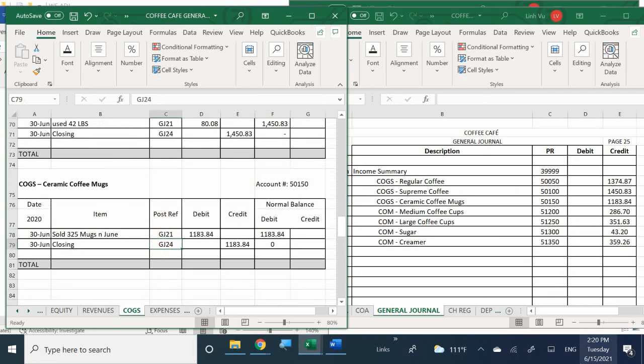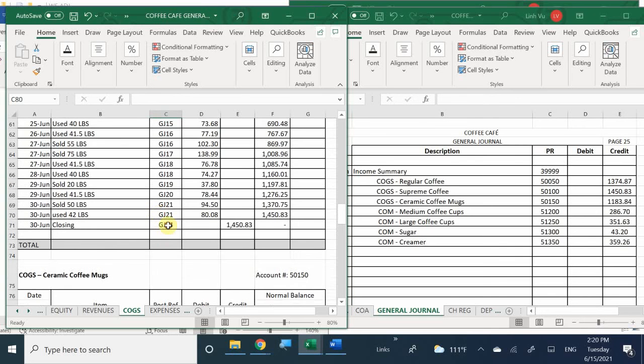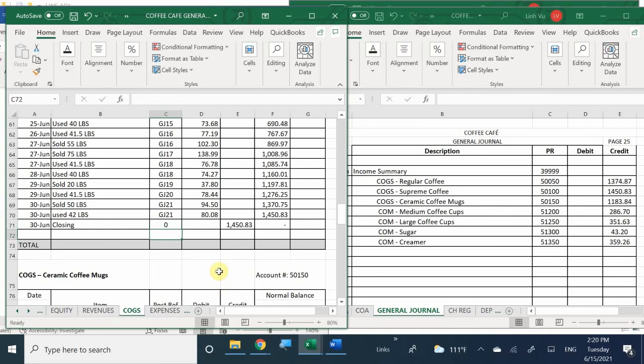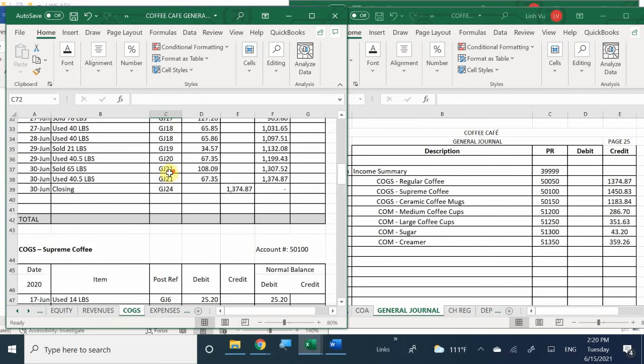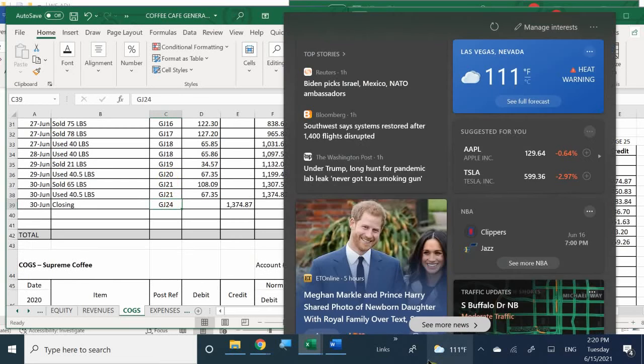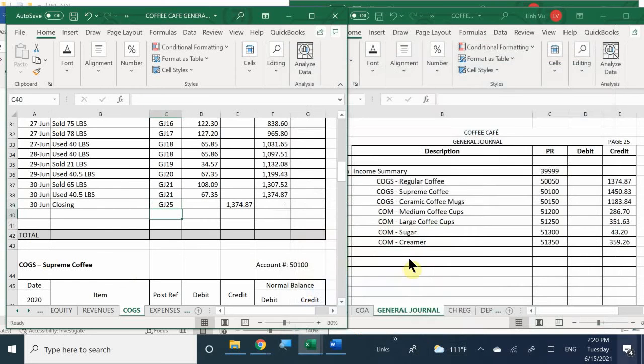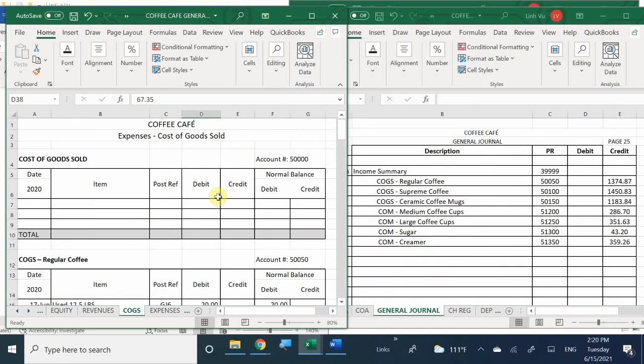All of my cost of goods sold are also zeroed out. I'll fix all these. And my cost of goods sold for my regular coffee is all zeroed out.